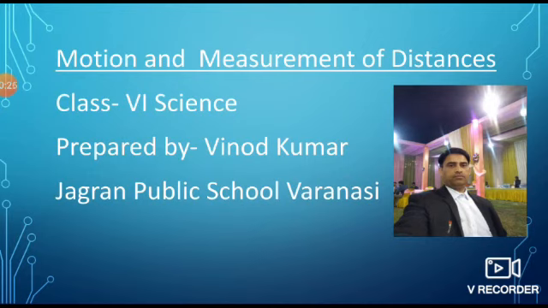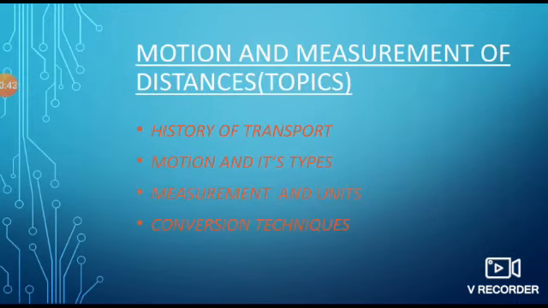Now, students, we will discuss in this chapter the history of transport system with transport facilities, define motion and its types, measurement and its units, and conversion techniques, means how to convert bigger unit to smaller unit and smaller unit to bigger units.